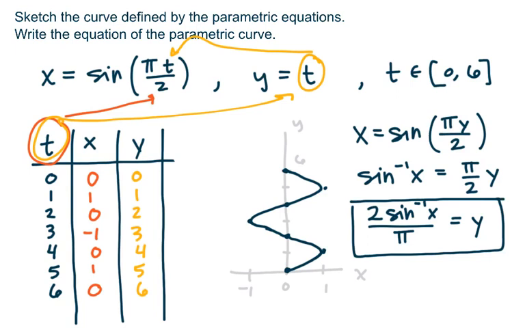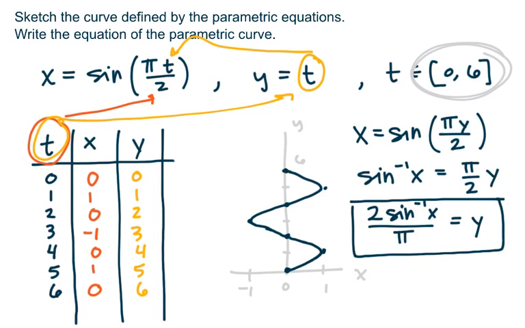So this is my function here that represents those together. Of course, it's not a function because it doesn't pass the vertical line test. But if you recall, this is what our sine inverse graph looks like, so it makes sense that I have sine inverse in my function. And thinking about the domain and range of this, since my t values cannot go beyond 0 and 6, my graph, even though our normal sine inverse graph might keep going, is going to stop.